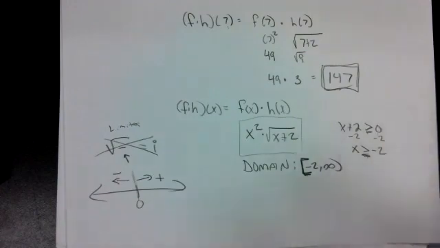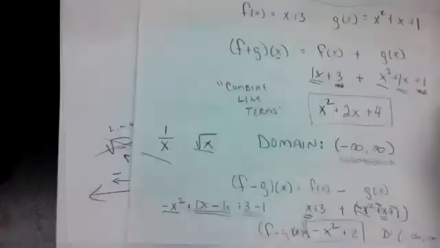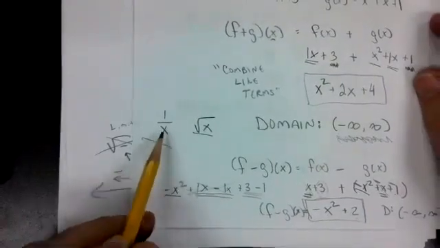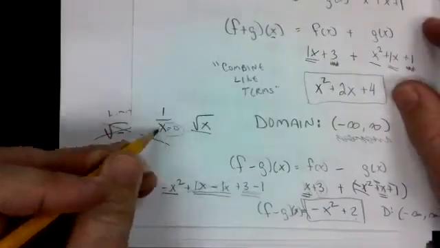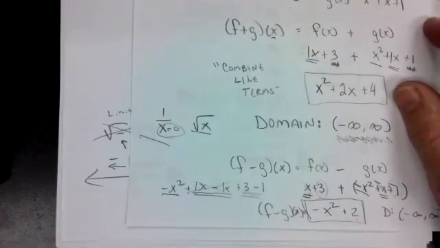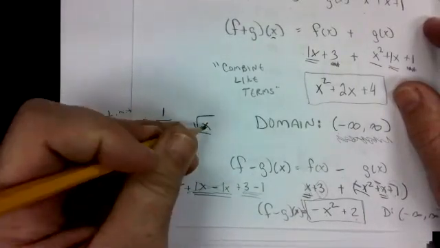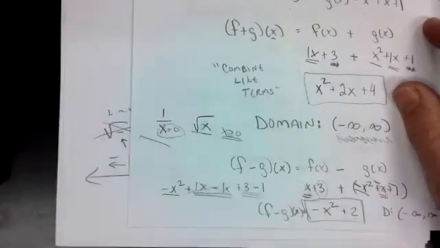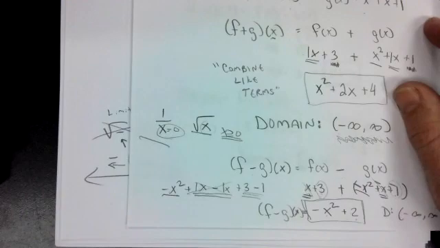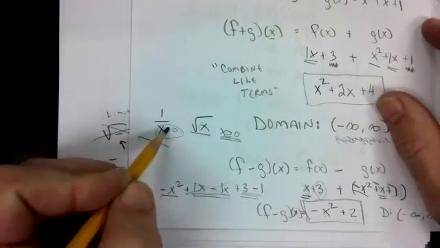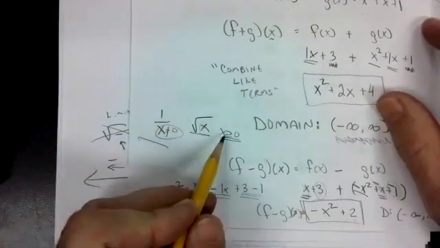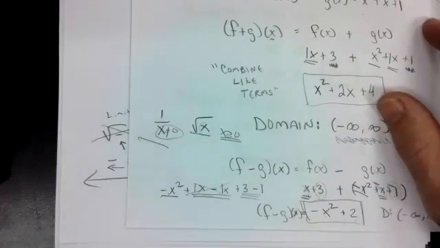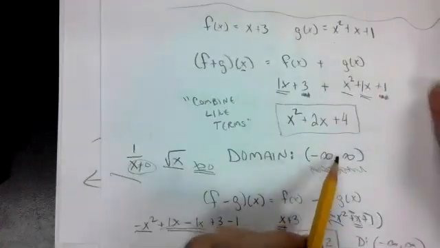And again, going back to the previous notes, those are my only 2 limiters within the domain. If you get a fraction, anything that causes your denominator to be 0 is a limiter. If you have a square root, whatever's inside needs to be greater than or equal to 0. That's how you find your domain. Anything that makes this equal 0, we need to eliminate. And we want to include numbers that make this bigger than 0. Otherwise, your domain is going to be all real numbers.